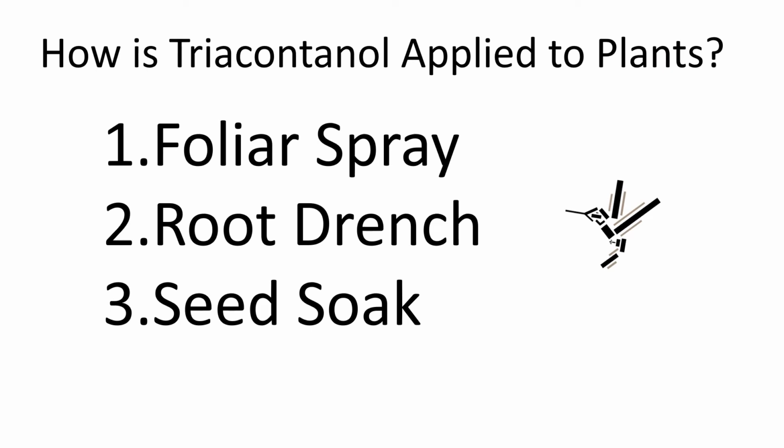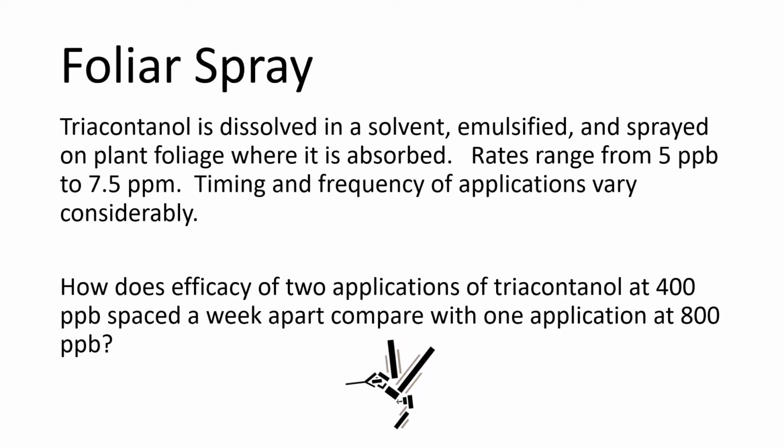Typically, you'd apply triacontanol to your plants as a foliar spray, a root drench, or a seed soak. As a foliar spray, you're dissolving triacontanol in a solvent, you're emulsifying it, and you're spraying it on the plant foliage where it is absorbed.